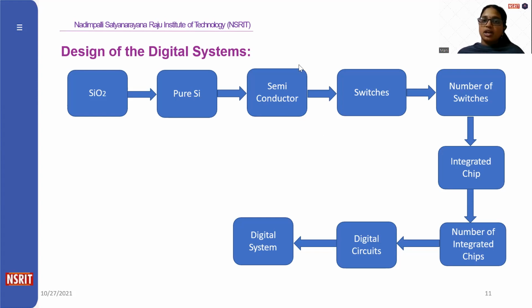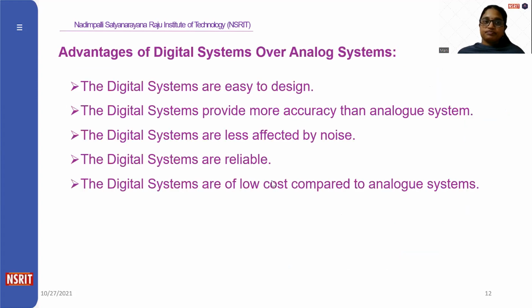After semiconductors, we know the switches. By using the switches, we can count. Then by using these, we can manufacture the integrated chip. After this integrated chip era, we got a number of integrated chips. By using these integrated chips, we can construct circuits. All together, the circuits come together into a digital system.